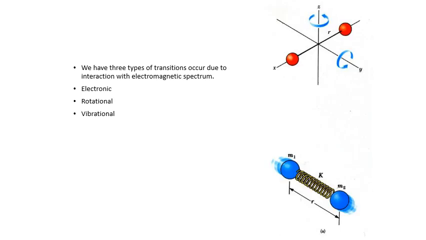As seen in the figure, two possible rotations of a diatomic molecule are shown. The molecule can be rotated about the axis or perpendicular to the axis.